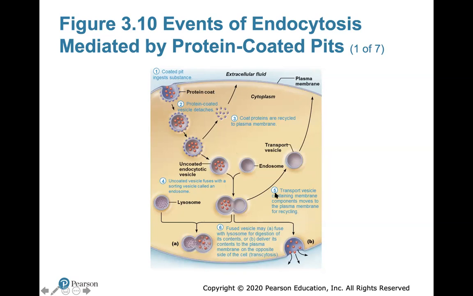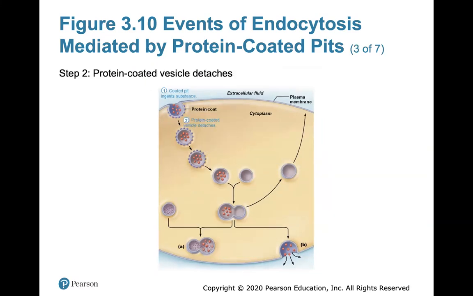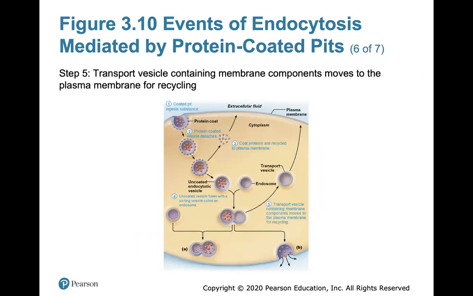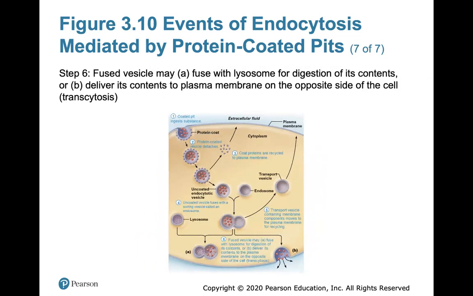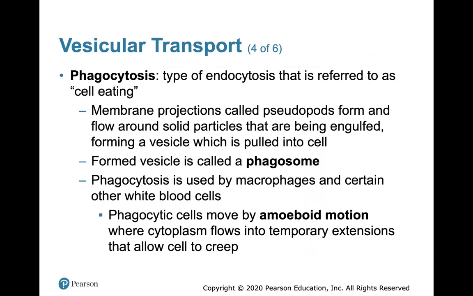The transport vesicle containing the membrane components will move back to the plasma membrane for recycling. And then it will possibly deliver its contents to the plasma membrane of the opposite side for transcytosis, so moving across the cell completely. And this takes you through the different steps that you can watch on your own. And again, feel free to pause this and watch it on your own.